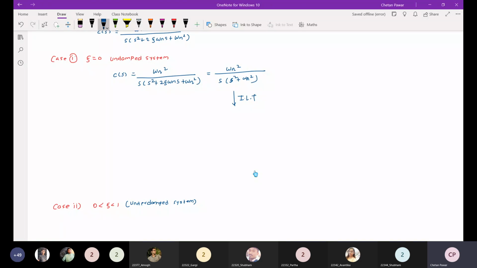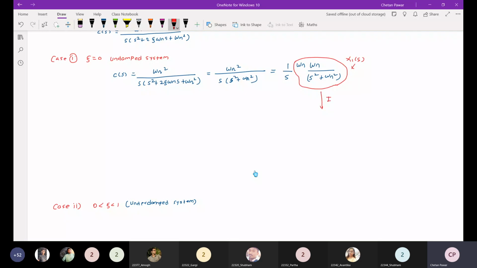First I will arrange this like omega n into omega n square plus omega n square, then 1 by s. This term I will call X1 of s.